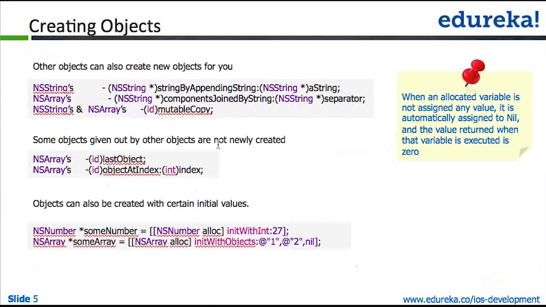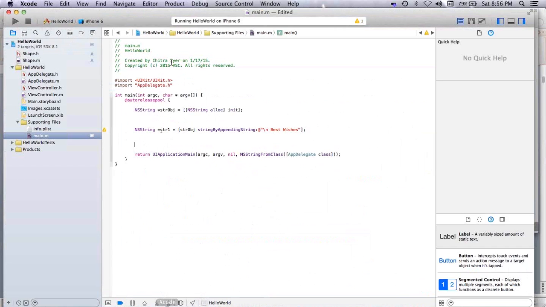And the other thing to remember is the designated initializer. By default, you will get the init initializer by virtue of it being from NSObject. But you can also go ahead and write your own initializers like in Java or any other OOPS language.